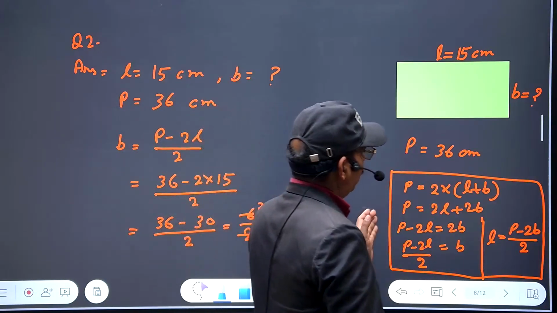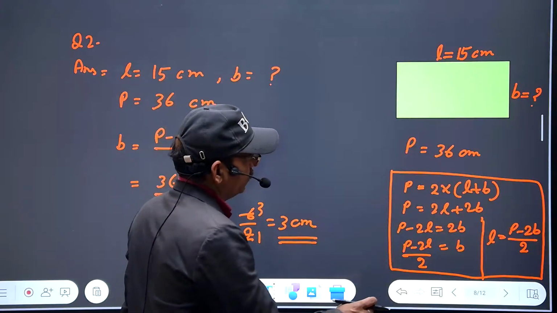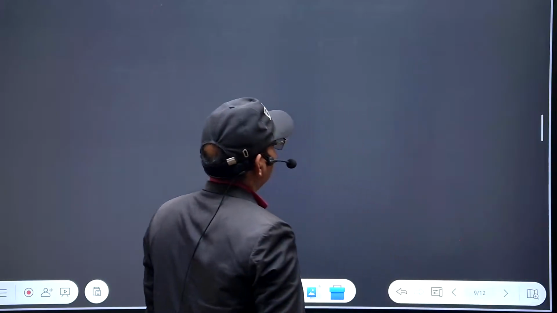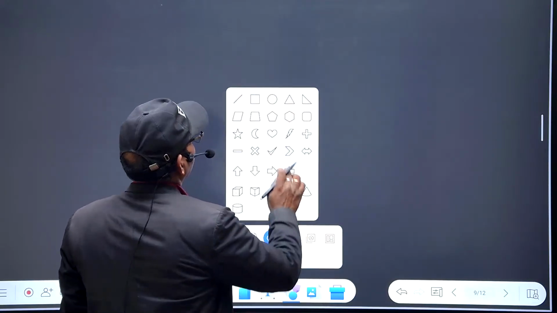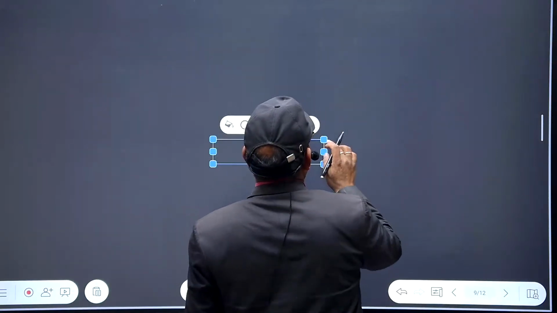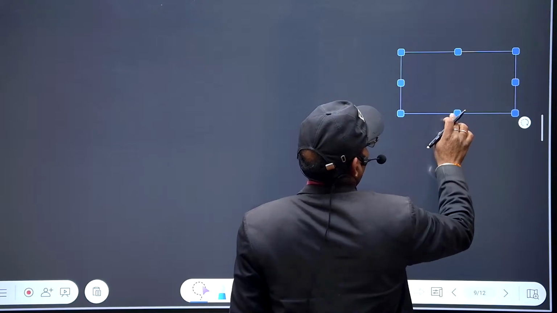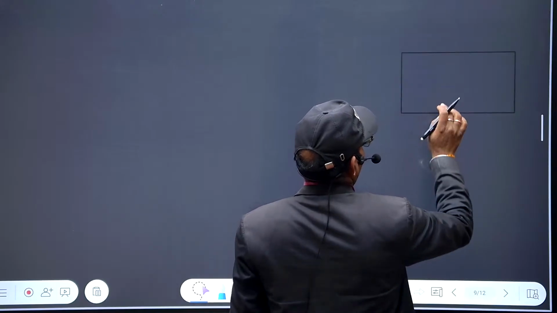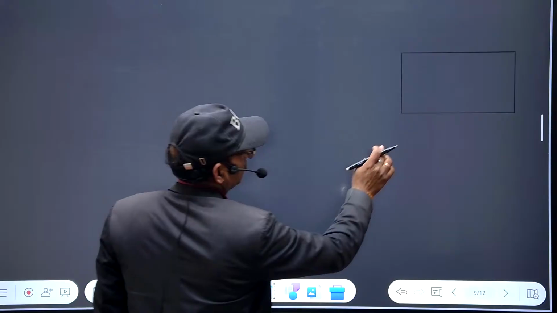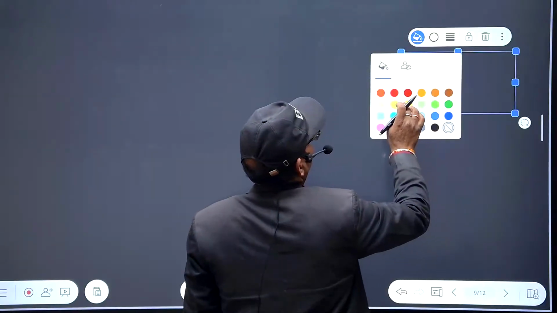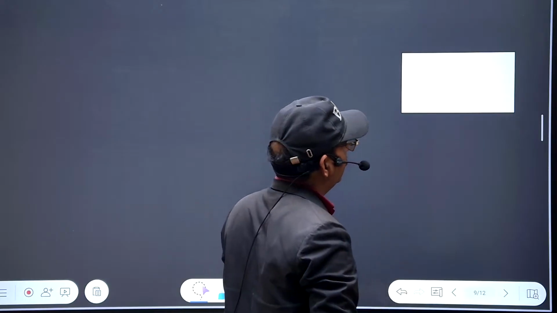Now one question on this formula. Okay, same question.